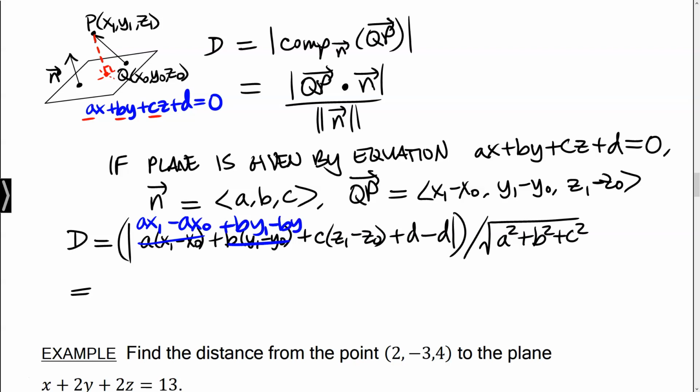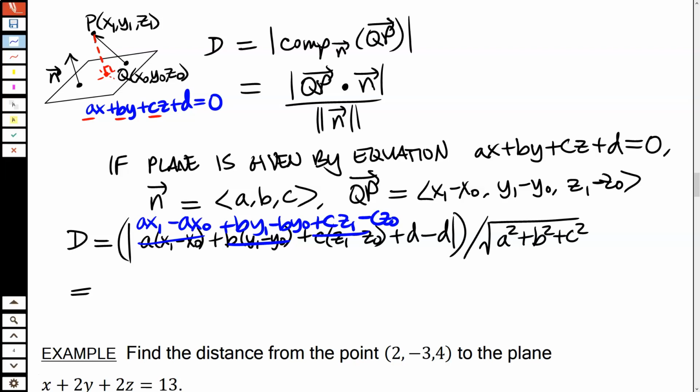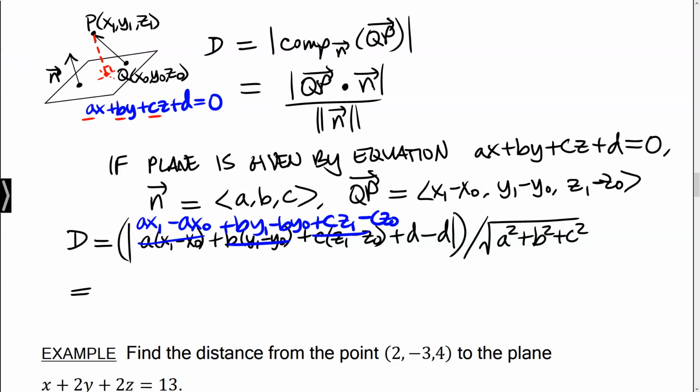by1 minus by naught, cz1 minus cz naught, plus d minus d, and because Q is on the plane, we know that ax naught plus by naught plus cz naught plus d is equal to 0, which means that all of those go away.